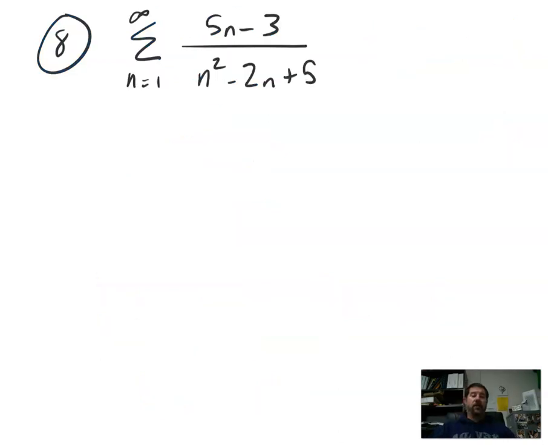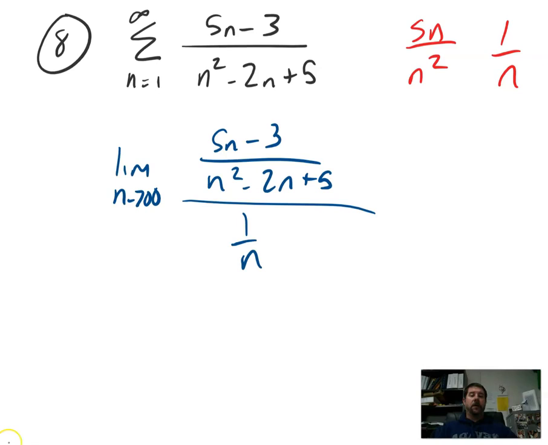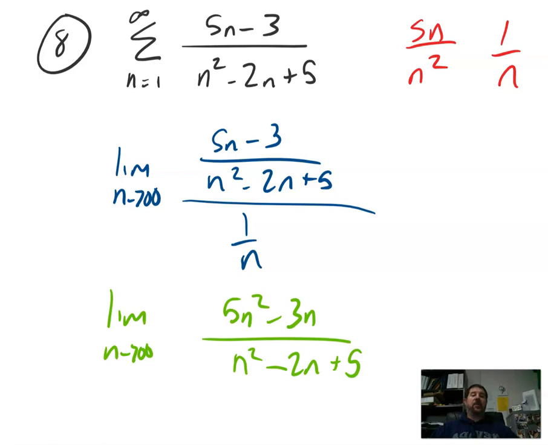Okay, here's our next one. So again, if I were doing this, I'm going to ignore the extra stuff and think about maybe just like 5n over n squared, or again, that's like 5 over n, or I'm going to compare this to 1 over n, compared to my harmonic series. You'll find that that's a common thing that we will compare things to often. Set up my limit, and now I can go ahead and simplify. And we get 5n squared minus 3n over n squared minus 2n.